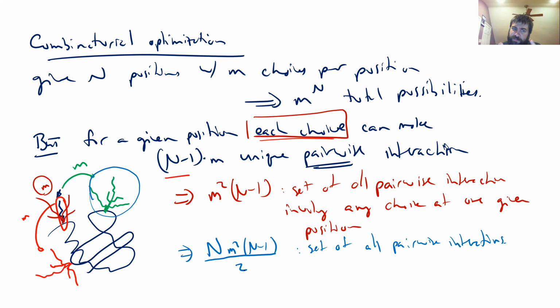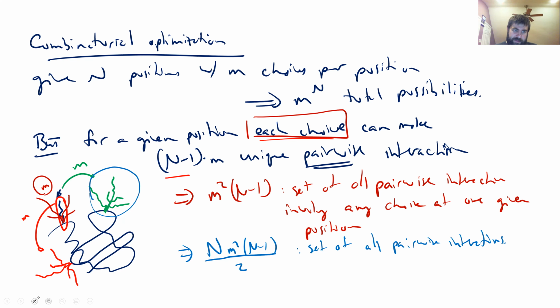So this number tells us how many unique ways I can choose a pair of rotamers at any position with any of the rotamer choices, limiting ourselves to a pair.